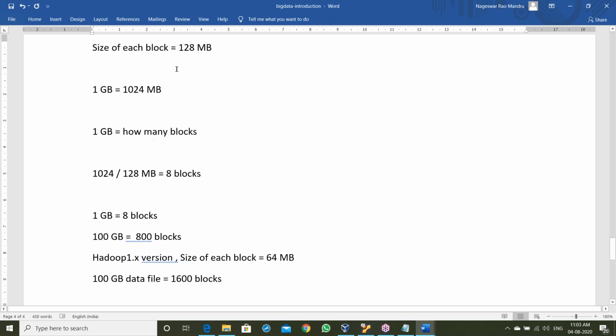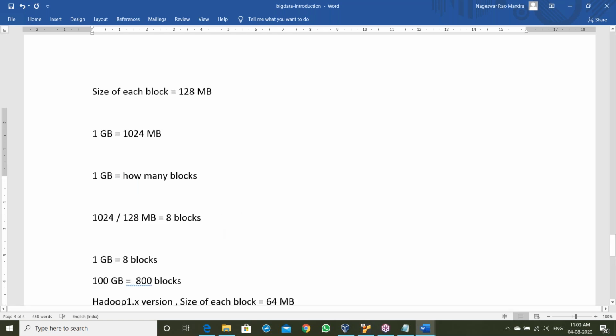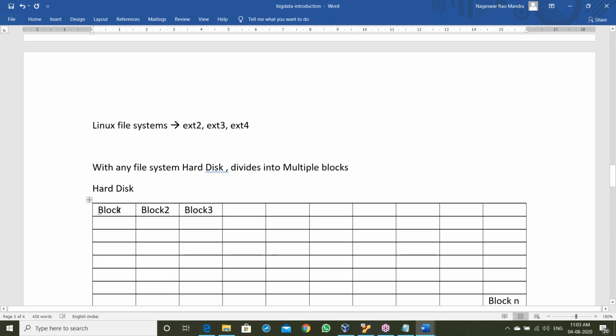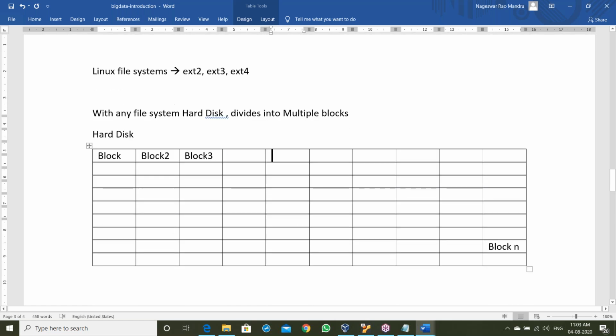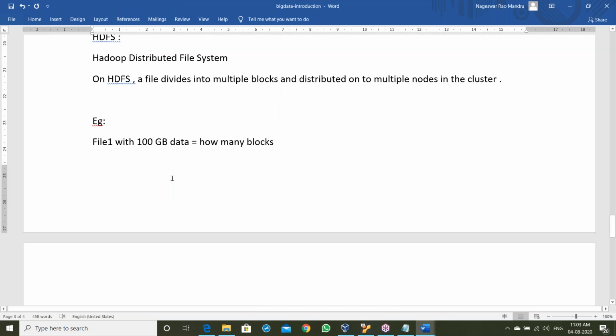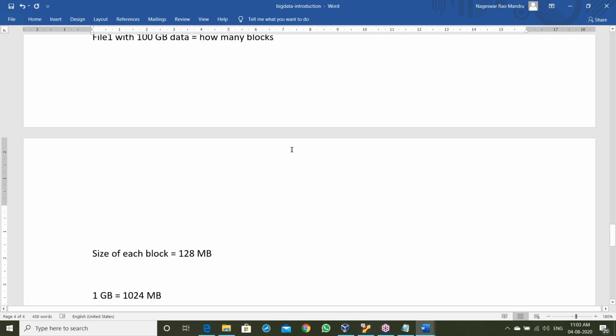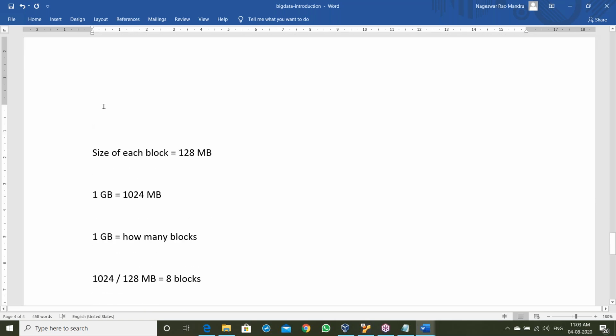If it is 128 MB, we get 800 blocks; with 64 MB it is 1600 blocks. So the size of each block is 128, 128, 128, 128 like this. Okay, fine. So this is about blocks.